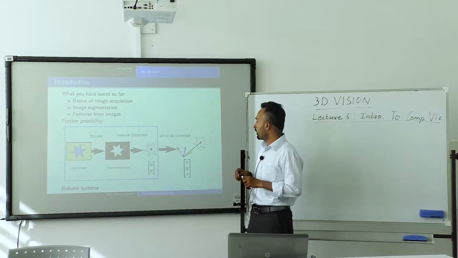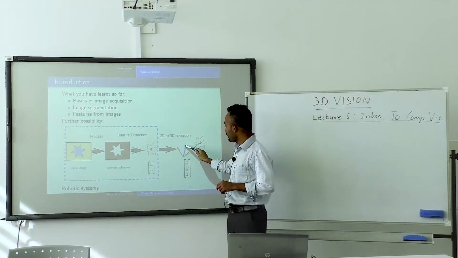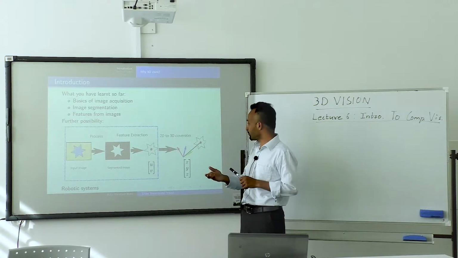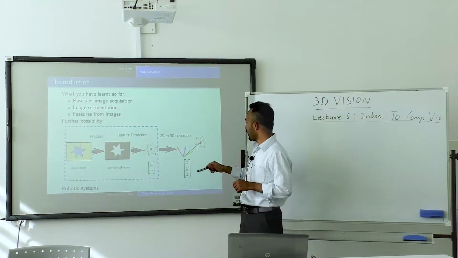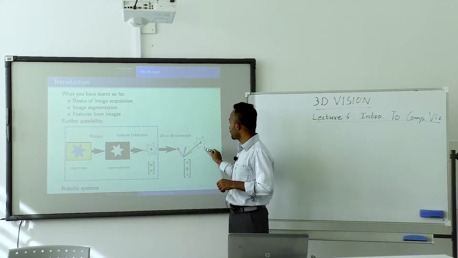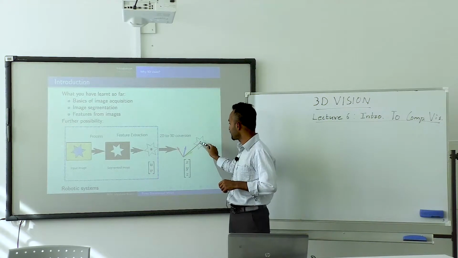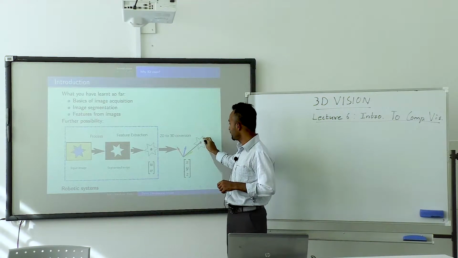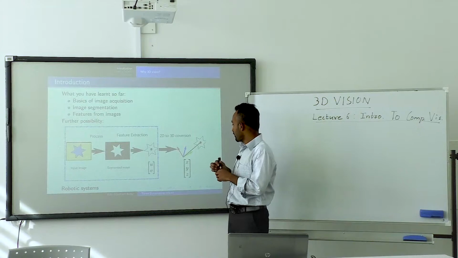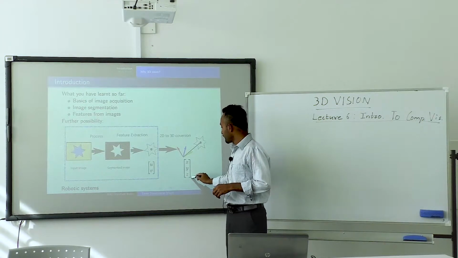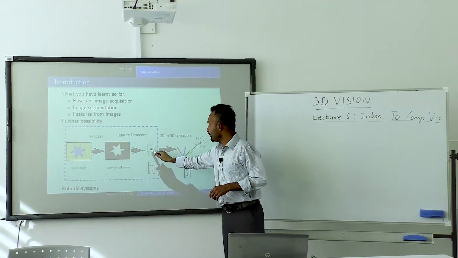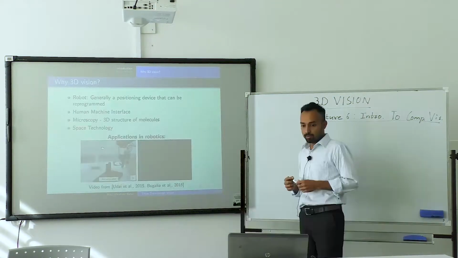So you always do operations with respect to a fixed coordinate system, and you want to find out the 3-dimensional position of the center of this object, assuming that this is a 3-dimensional object which is in space. So the output will be x, y, z of the point which is visible as u, v in this particular image.